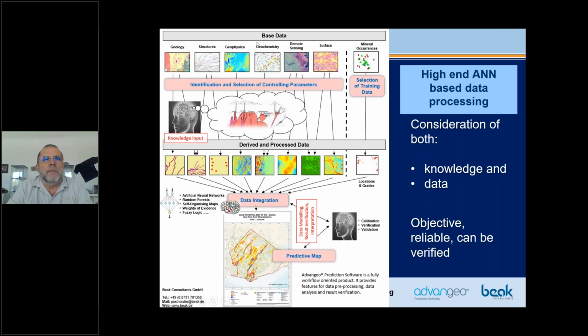This scheme shows you how to process data, geological data, geochemical data in this artificial neural network environment.